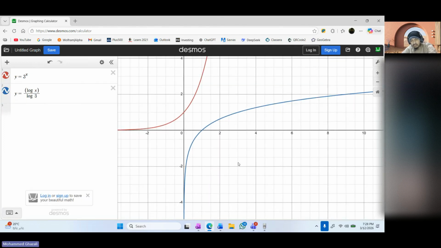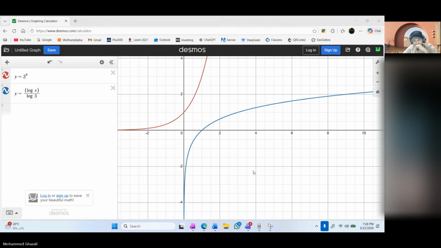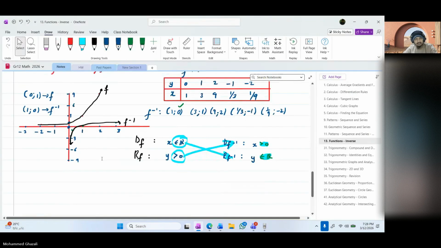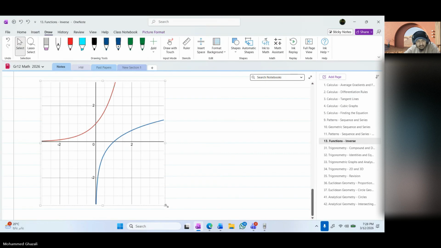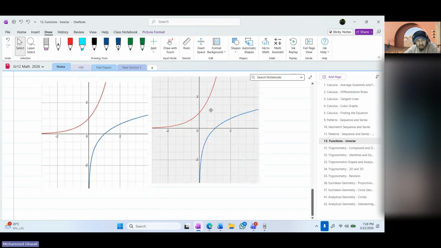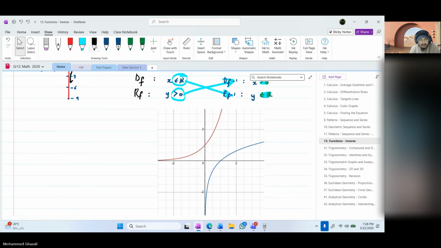This looks a little bit more symmetrical compared to what I drew. So you can see this is the graph of f, and this is the graph of f inverse.